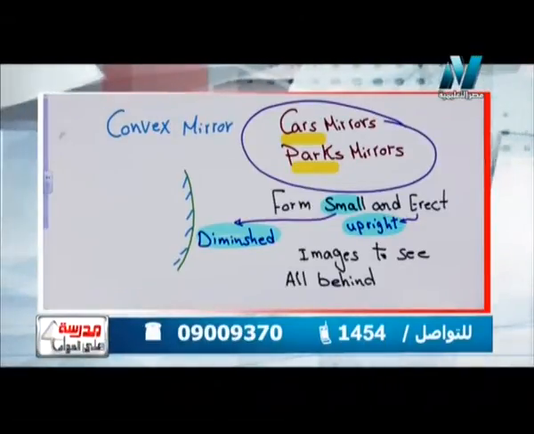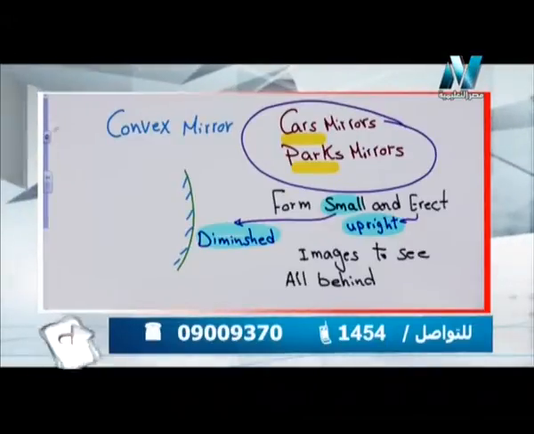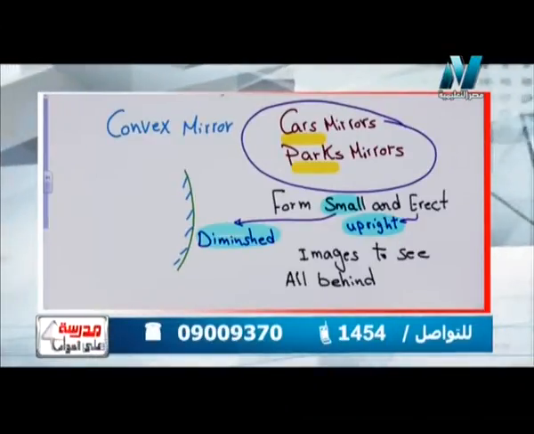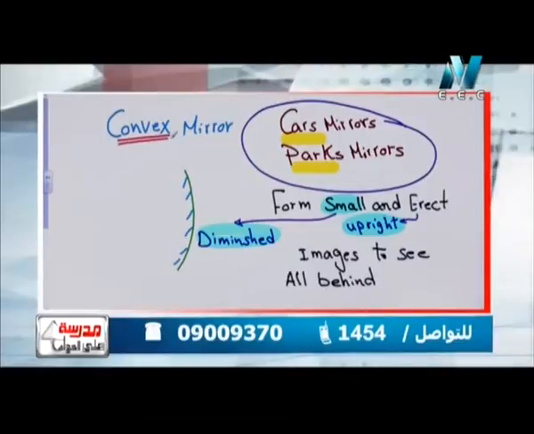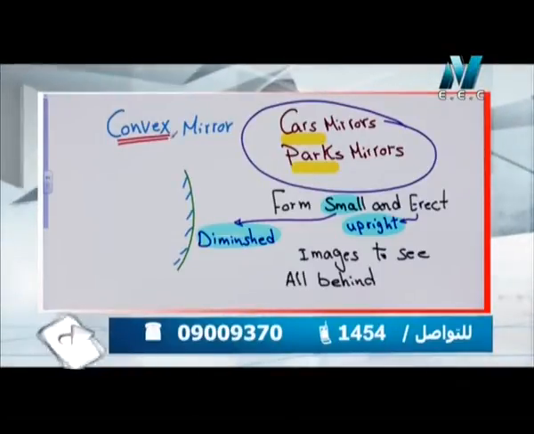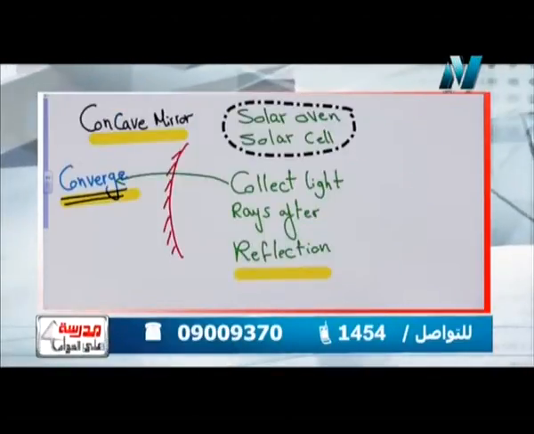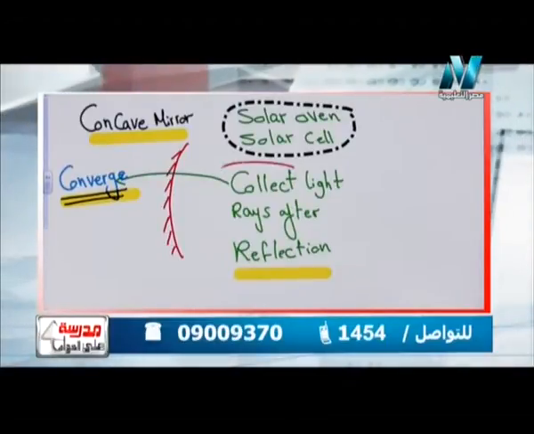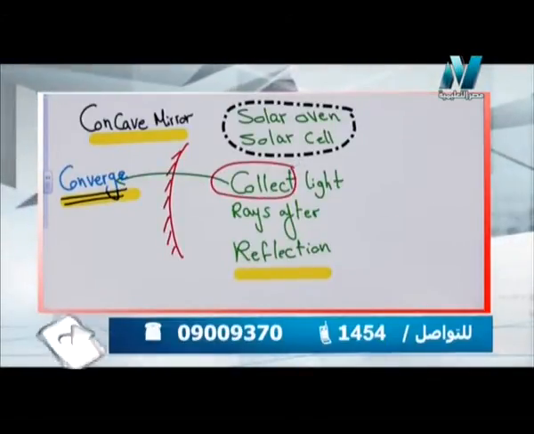And at the same time, we know now, dear students, that the convex mirror has the opposite property of the concave mirror. In the previous part, we said a concave mirror collects light rays after reflection.